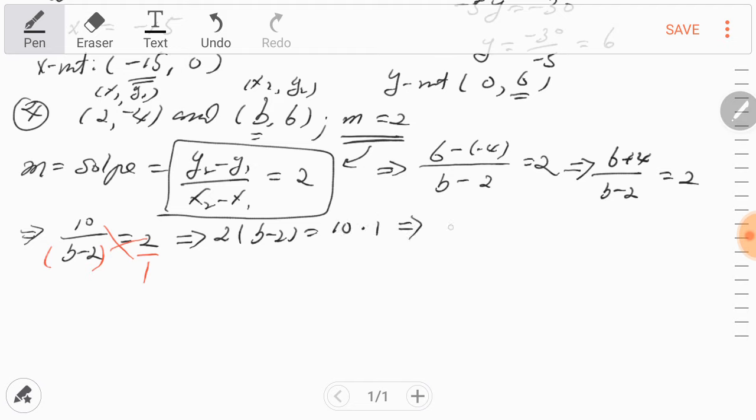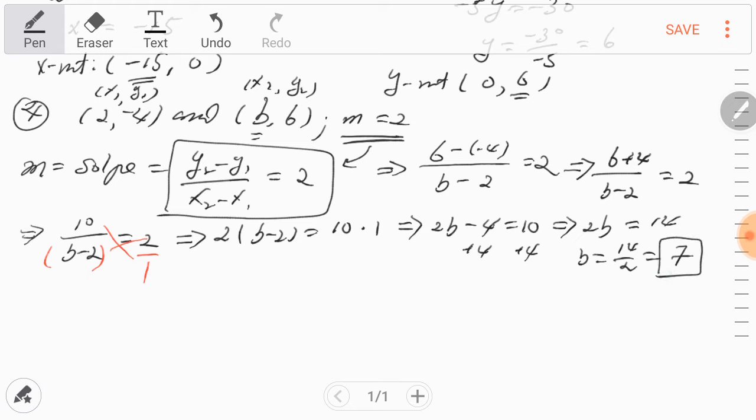Then clear the parentheses, so 2b minus 4 is equal to 10. Next, get rid of minus 4, so we add 4 to each side. So 2b is equal to 14. And divide each side by 2. So we got 7. The value of b is 7.